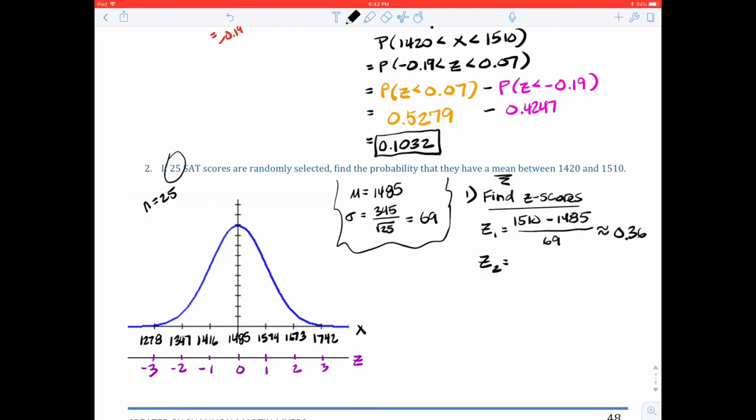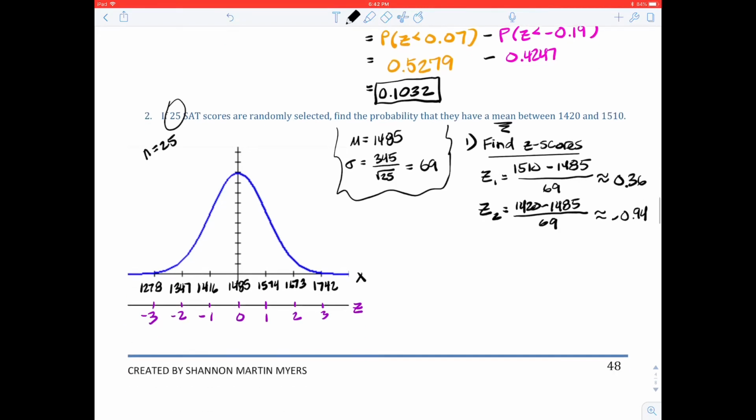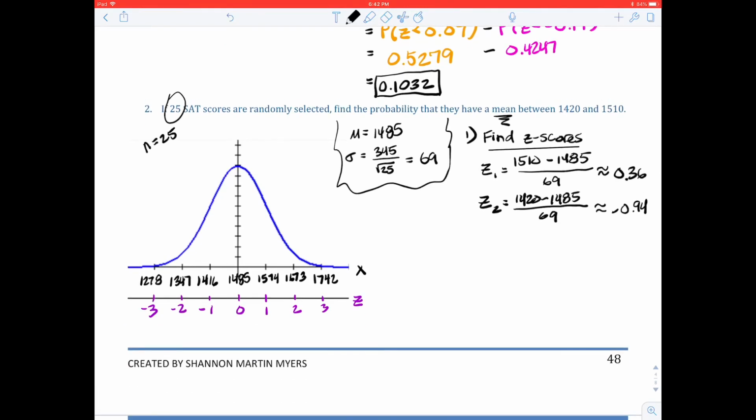Z2 will be the lower one, 1420 minus 1485 divided by 69. And that's going to be approximately negative 0.94, right? So now if we take a look at these z-scores, the lower z boundary is negative 0.94, which is really just one, it's almost one below, right? So here, they would be somewhere around here probably.